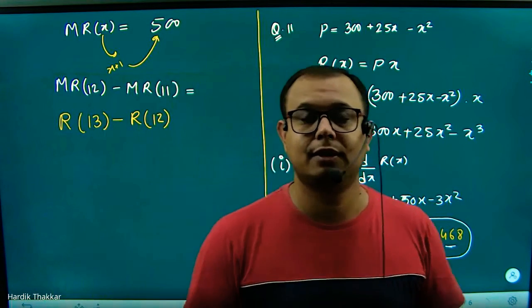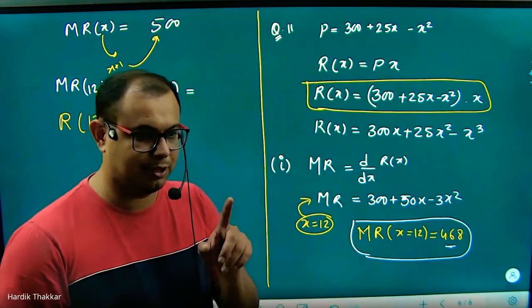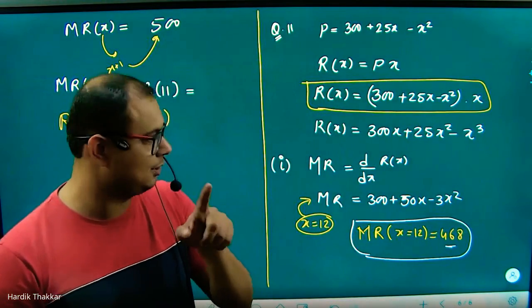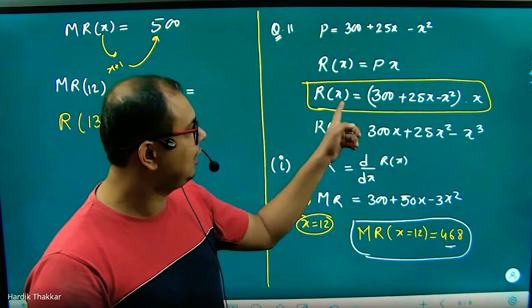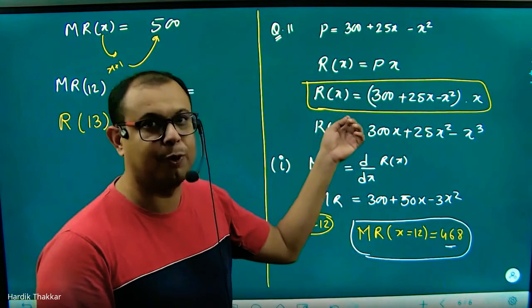Chevy asks: you have written that we have to find marginal revenue first, but the formula for revenue is P into x only, so can we directly put our values for 13 and 12 in that equation, 300x plus 25x square minus x cube? Yes, correct. But just understand this: the revenue function is the total revenue of x products.